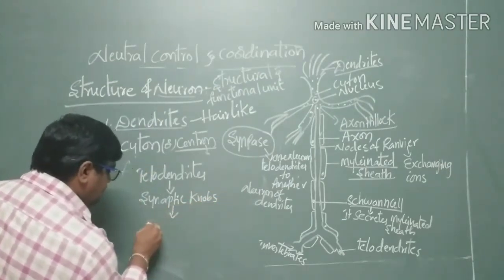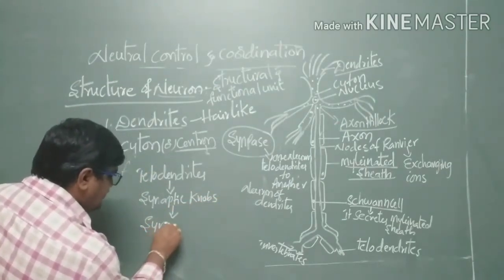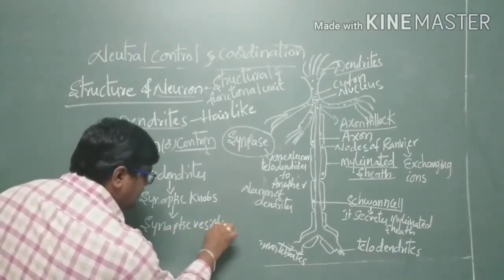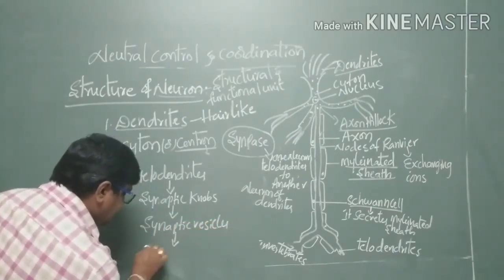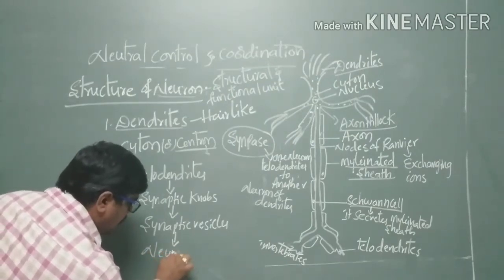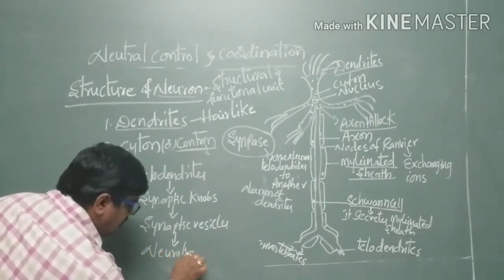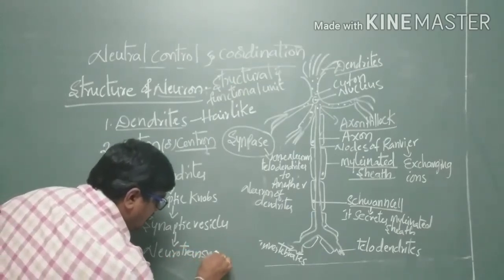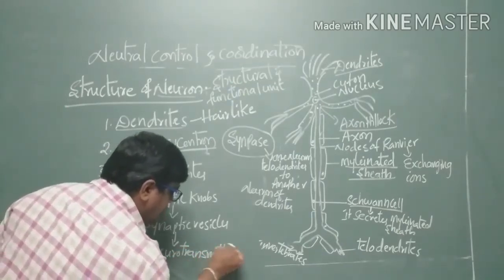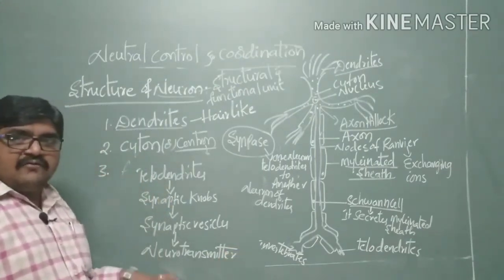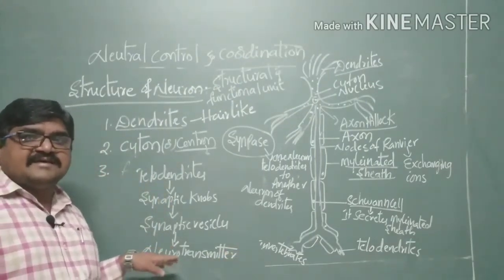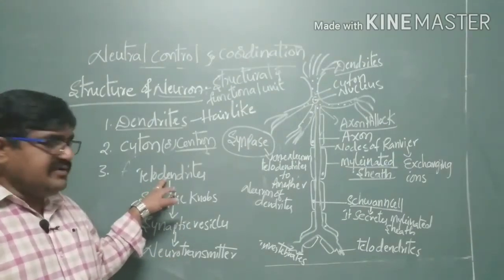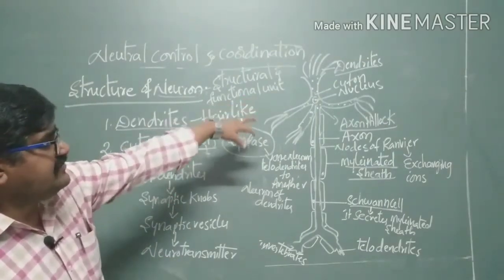These synaptic knobs secrete synaptic vesicles. These synaptic vesicles will secrete the neurotransmitters, which help in the secretion of neurotransmitters.